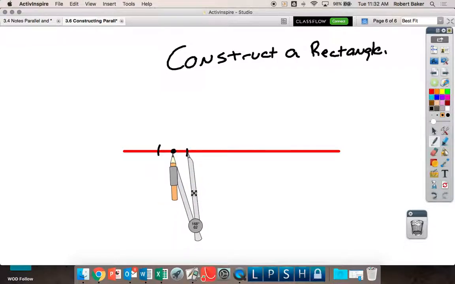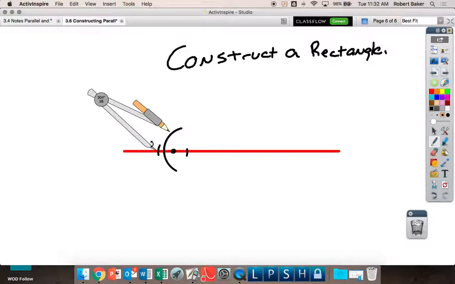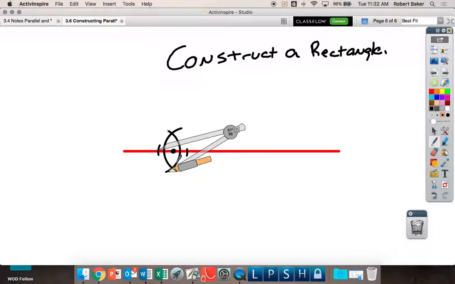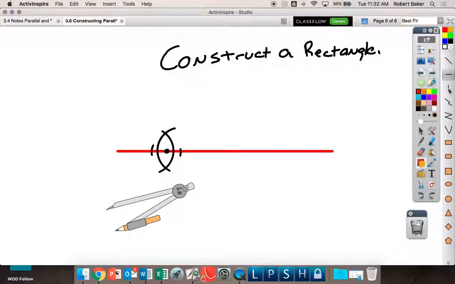Then I'm going to use those 2 working points. Now I have half of my rectangle done, don't I? Yes, ma'am.